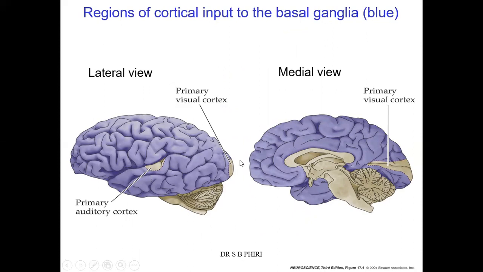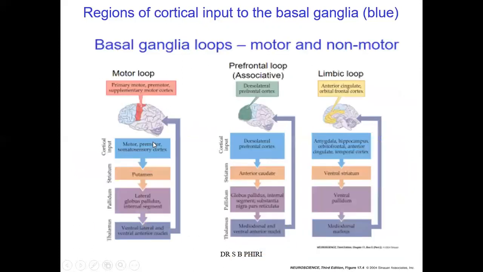So you can see that the basal ganglia is receiving information from a larger portion of the cerebral cortex because it's the one that is involved in coordination of motor movements. From these cortical areas, you have projection of neurons that are projecting to the basal ganglia.